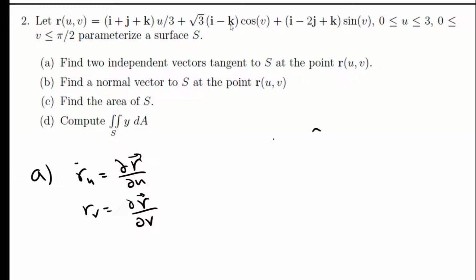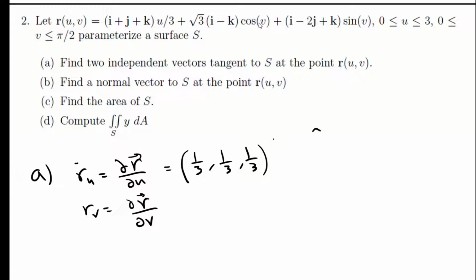So the derivative with respect to u, right, these are constants, these go away, and derivative with respect to u is just 1. So this becomes 1/3, 1/3, 1/3. And we do the derivative with respect to v, so the derivative of this is going to be 0.